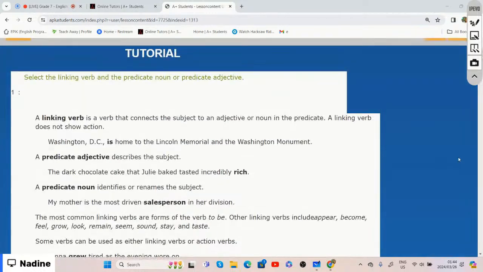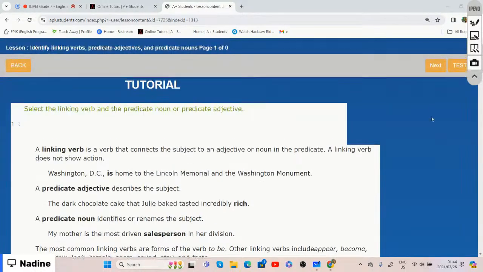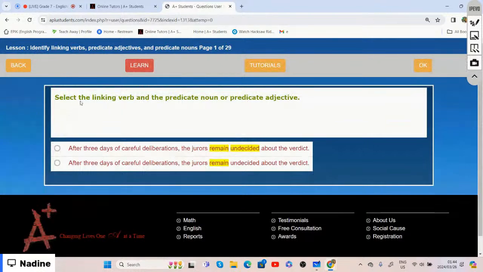All right, so now we're going to our test. We need to select the linking verb and the predicate noun or predicate adjective. It says, after days of careful deliberations, the jurors remain undecided about the verdict. So do we say they remain undecided or do we say they just remain?